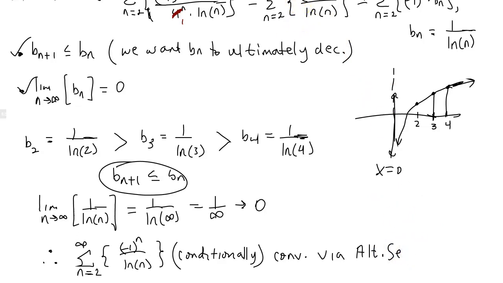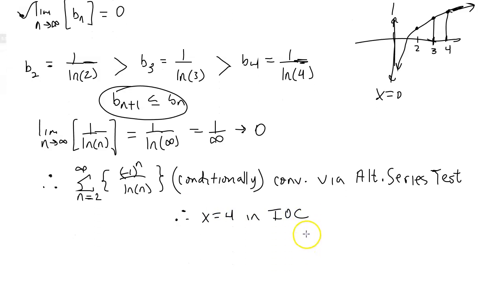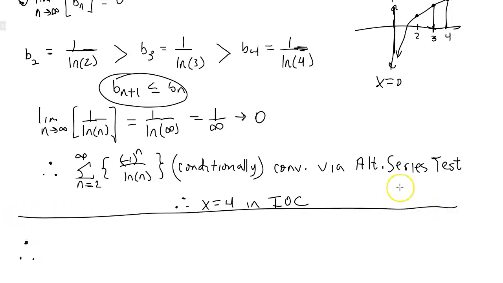And what that means for us is that we can actually include x equals 4 in our interval of convergence, or it is an x value that will produce a convergent series here. So x equals 4 in IOC. So now we're done with all this.